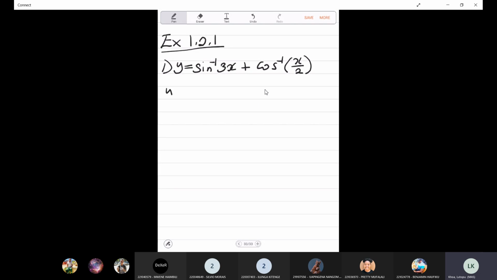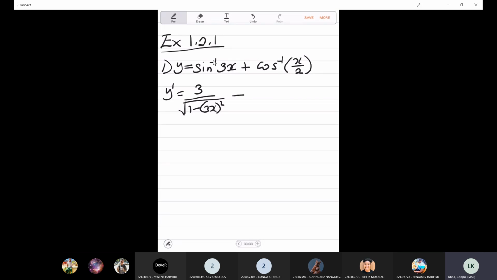So y prime over here, because this is a sum, I just differentiate the first one, differentiate the second one, and then add the two derivatives together. Simplify as far as possible. So we say the derivative of sine inverse of 3x: in the numerator, we should have the derivative of our f of x, which is 3. And then in the denominator, we have 1 minus f of x squared, which is 3x squared. So that is the derivative, and we did this one before.